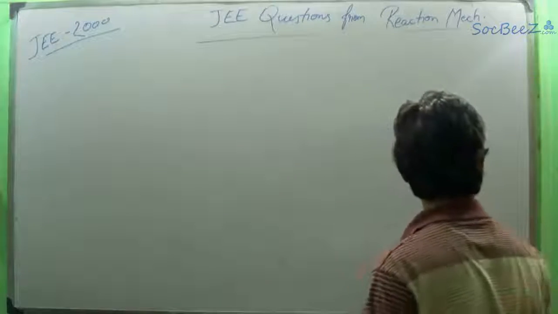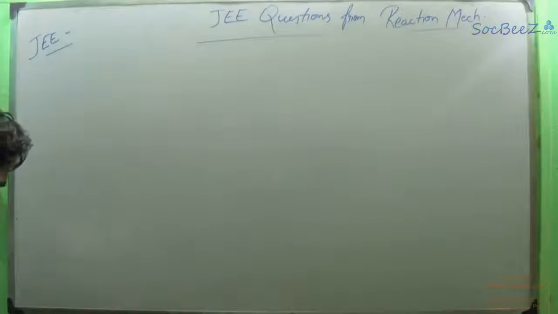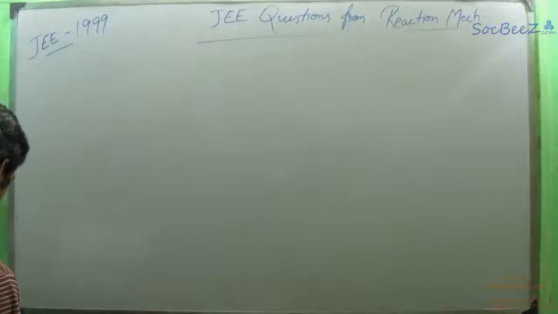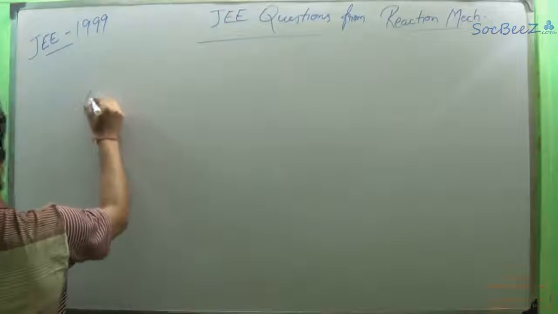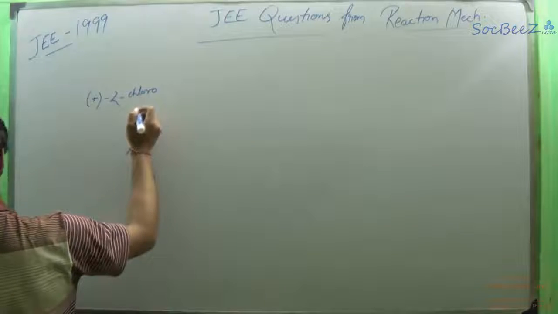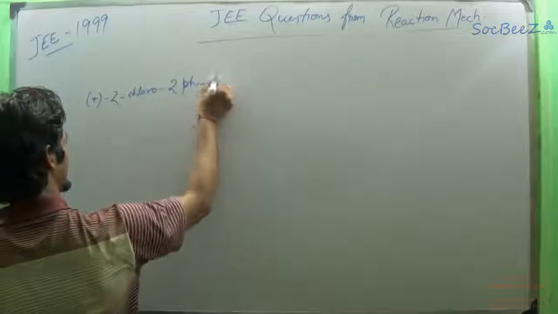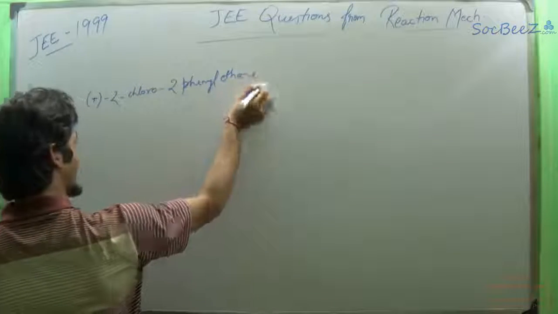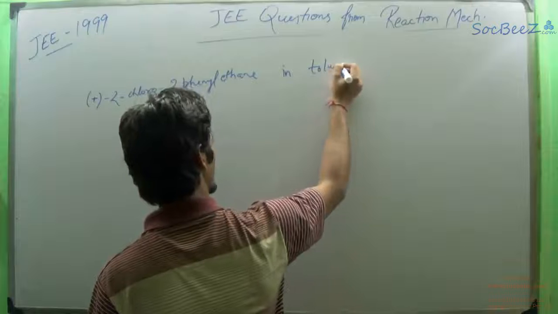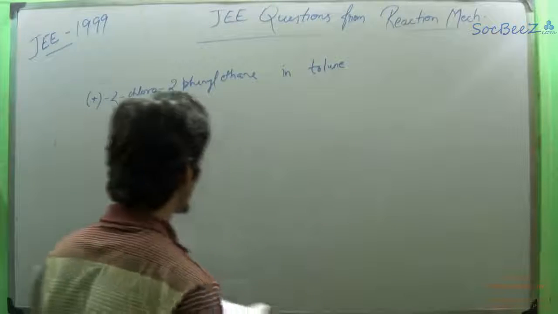The next question is from JEE 1999. The question: a solution of the optically active (plus rotation) 2-chloro-2-phenylethane in toluene racemizes slowly in the presence of a small amount of SbCl5.